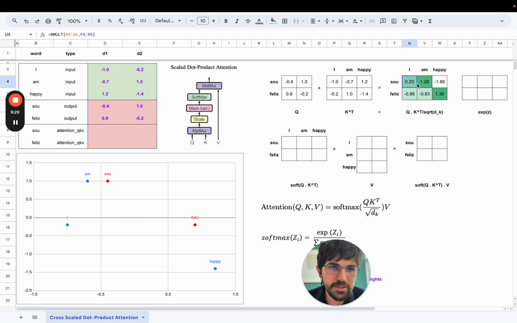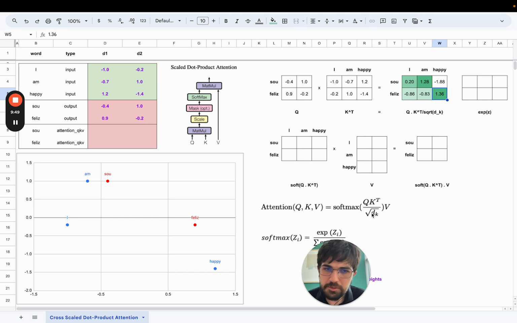So as you can see, we have higher values for words that are closer to each other, like they have the similarity. So we see that I am here is more similar with so, and happy is more similar with feliz.